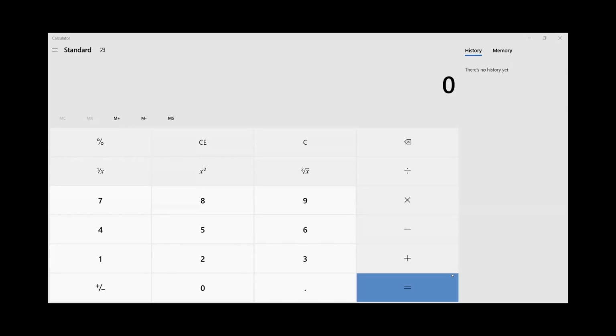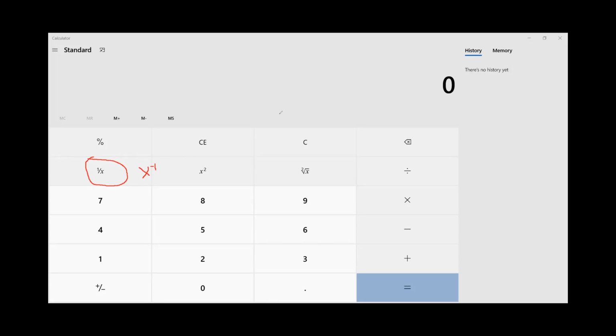Can you see it? Okay, perfect. If you notice this key here, that is the key used in order to find the reciprocal value in parallel circuits. It could also be 1 divided by x, or the symbol could be x to the minus 1. It just depends on how you have it on your calculator.